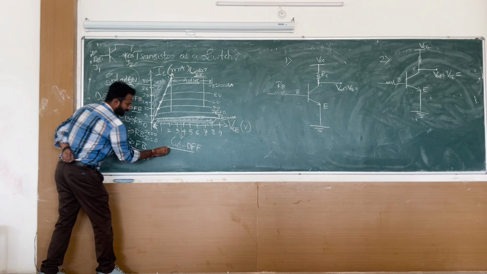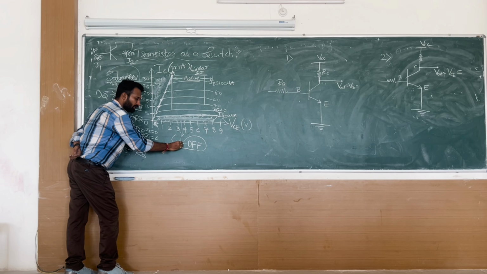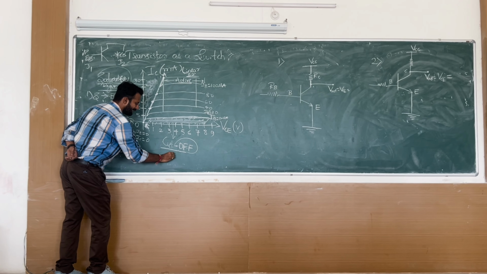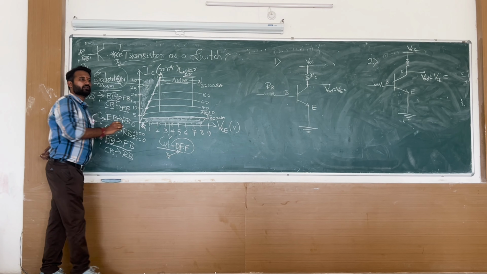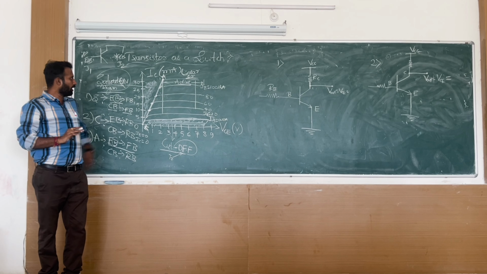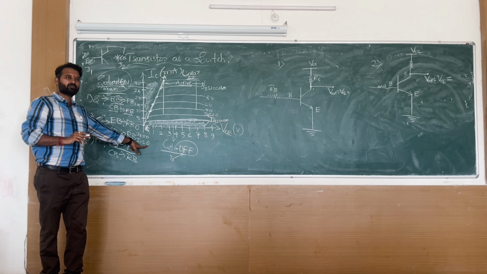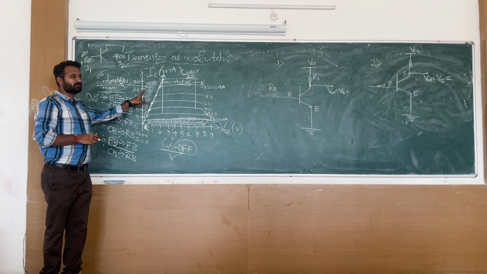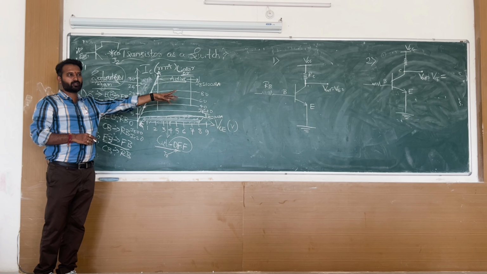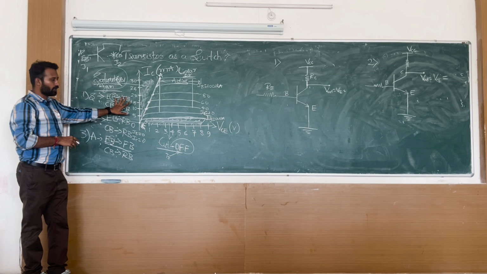What is the spelling of cutoff? CUTOFF. In this region, the transistor will be in off condition. On, off. Like this, the transistor will act as a switch. I will explain it by using circuit diagrams.